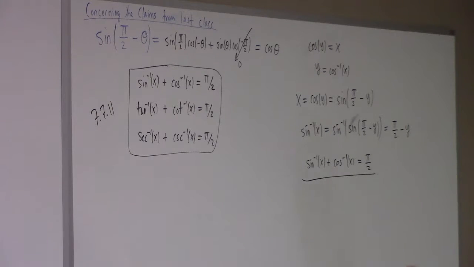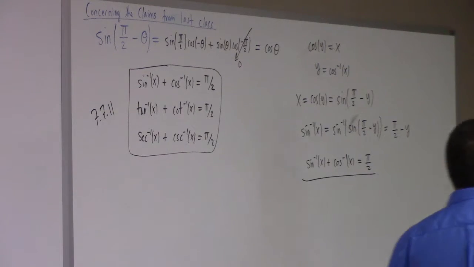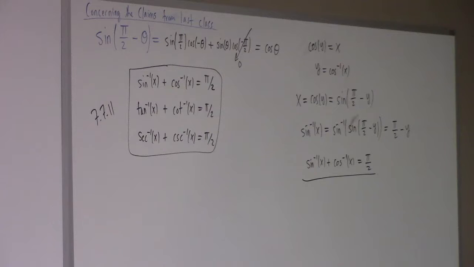So continuing here, what's the cosine of pi over 2 minus theta equal to? We can use the adding angles formula, right? This is cosine pi over 2, cosine of minus theta.